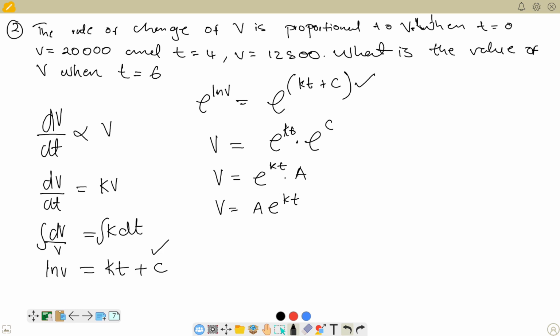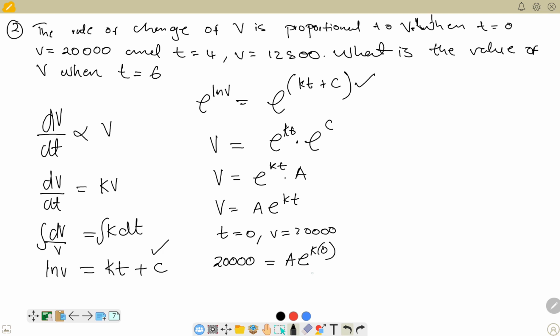So let's use the first statement: when t is 0 and v is 20,000, what can we find? Let's substitute. We substitute 20,000 in the place of v. Then a and k remain there.